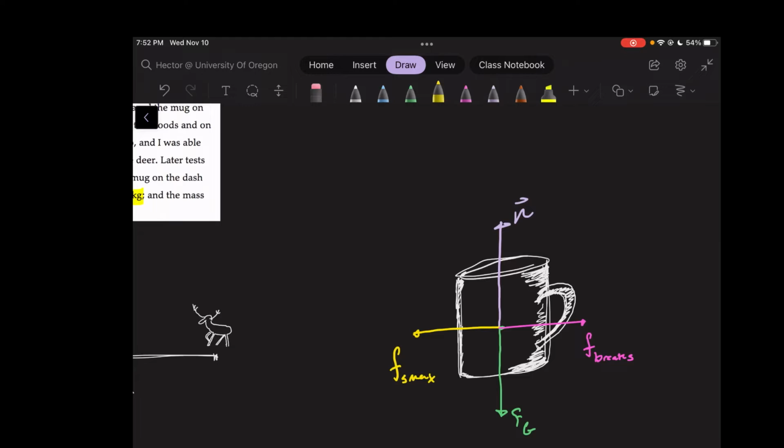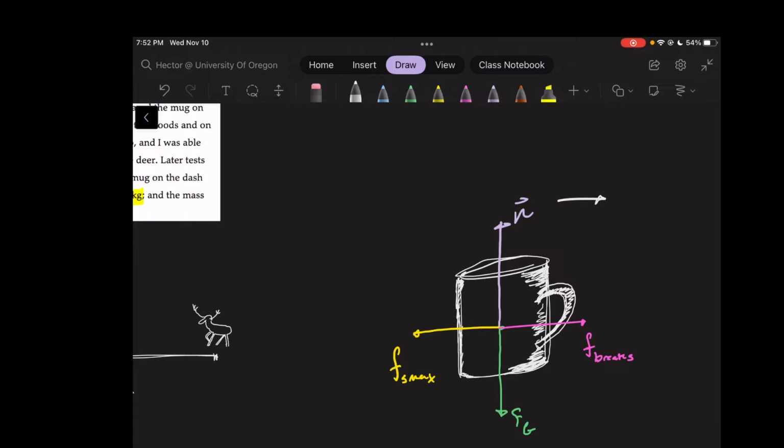When I first did this, I was a little confused, but as the car slows down, because of Newton's third law, everything inside of the car is going to try to keep moving forward. So what opposes that force, what keeps you from flying off your seat, is friction.